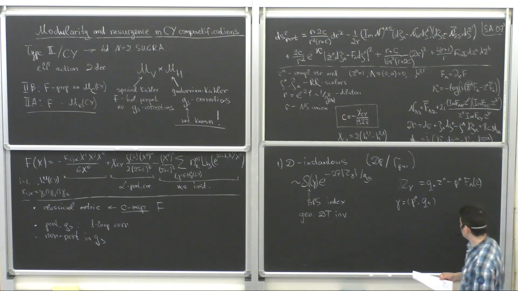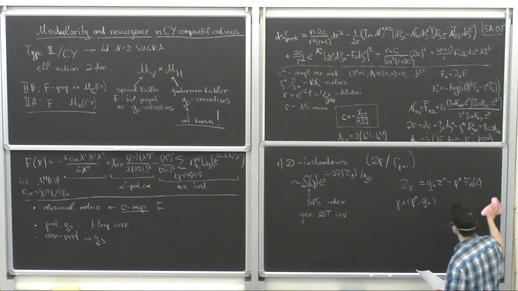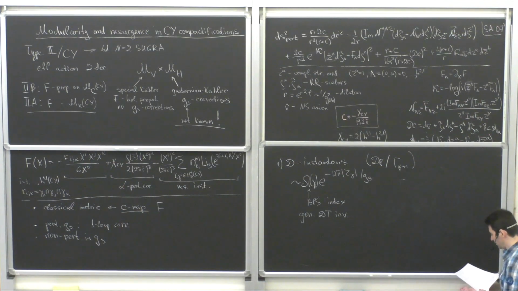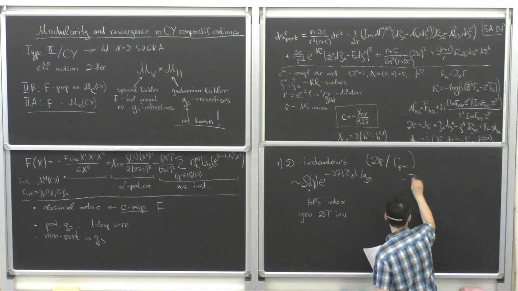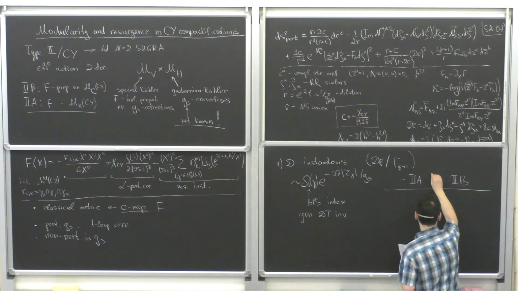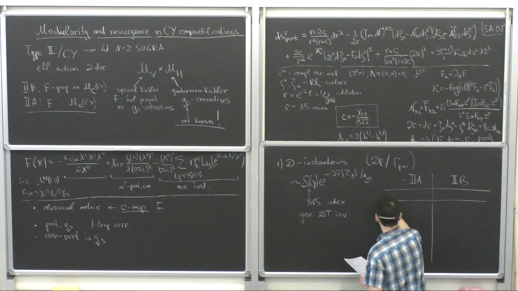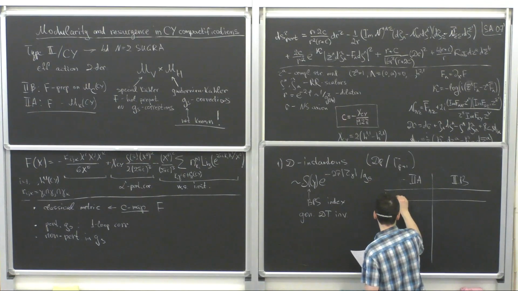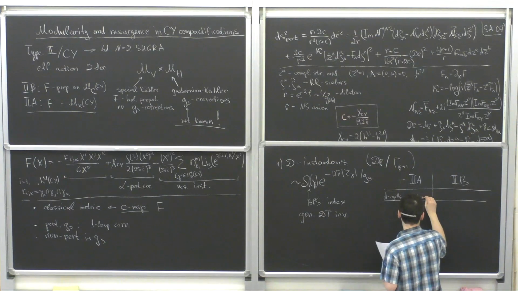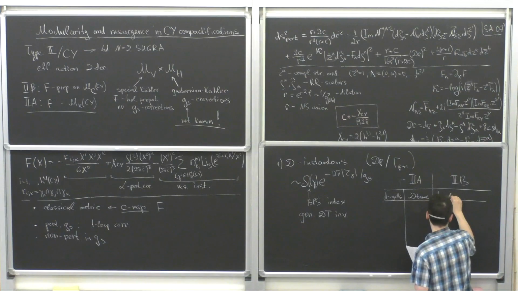Okay, now let me make a small table just to show you which kind of D-branes contribute to the story. So let's put here type 2A, type 2B, and let's put here the dimension of the cycle which will be wrapped, and the D-brane.